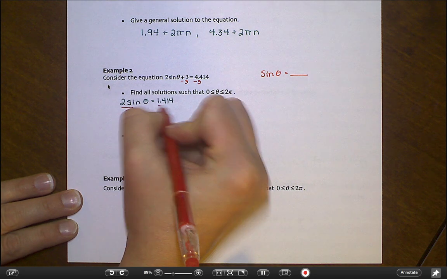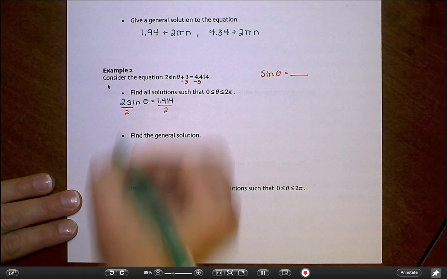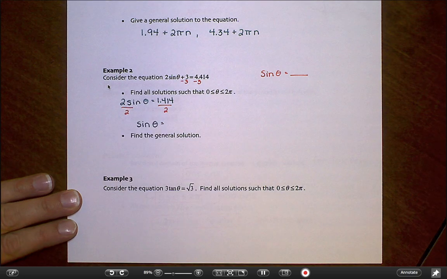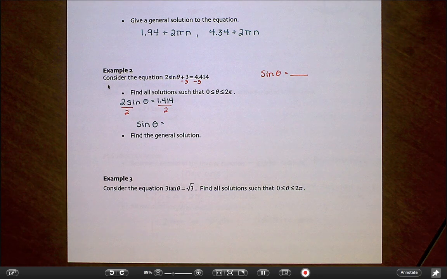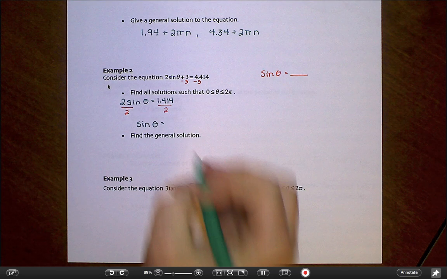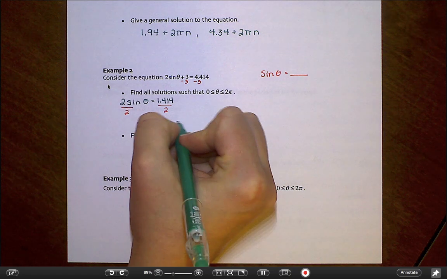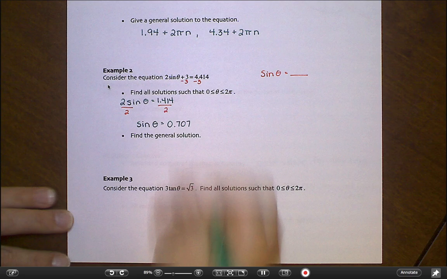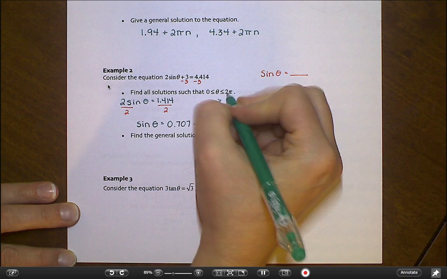So just doing some regular algebra here, and I end up with sine theta equals, I think it's 0.707, but let's just make sure. Sine theta equals 0.707. Okay, so the first solution is going to come from doing an inverse sine.